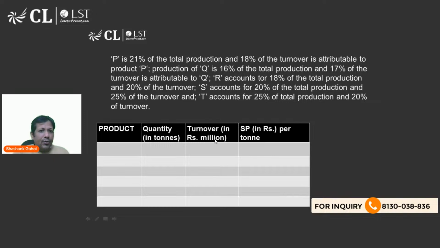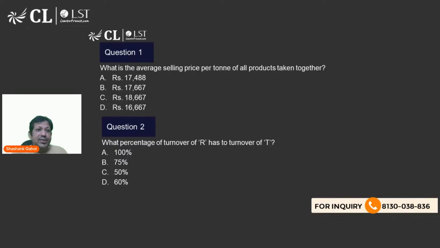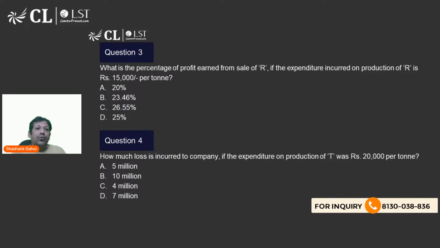So I can calculate over here, but let me read the questions first. What is the average selling price per ton of all the products taken together? That is one question. What is the percentage turnover of R to turnover of T? What is the percentage of profit earned from the sale of R?